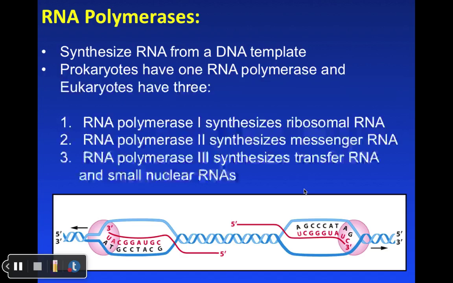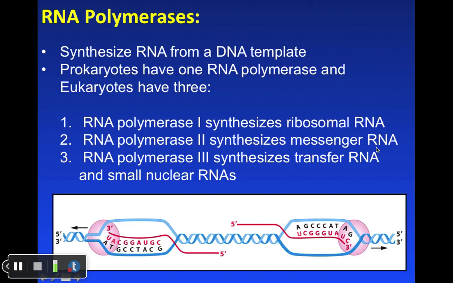A few comments about RNA polymerase. Again, RNA polymerase is the enzyme that actually synthesizes RNA during the process of transcription. I want to briefly point out that prokaryotes, namely bacteria and archaea, have just one RNA polymerase, whereas eukaryotes have three. RNA polymerase 1 is the enzyme used to produce ribosomal RNA.